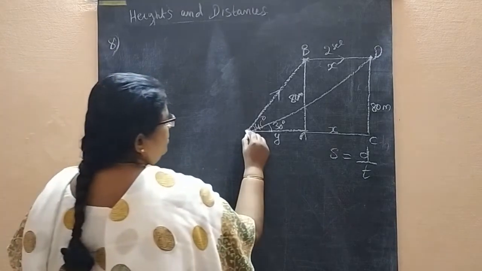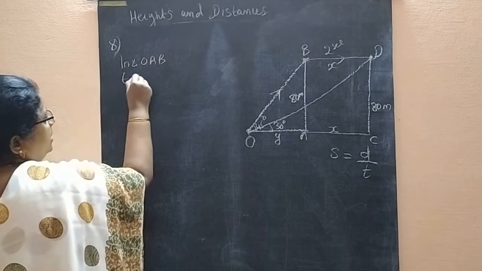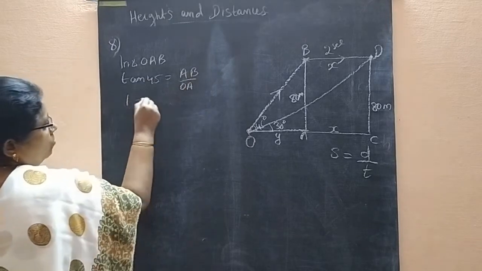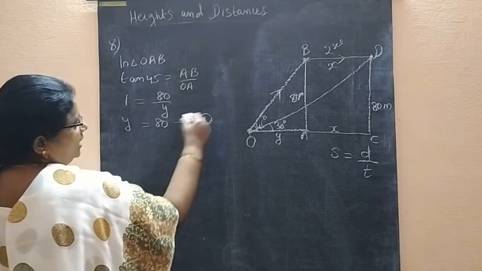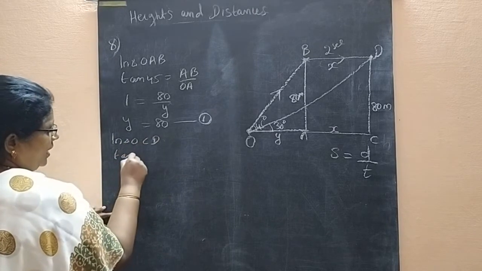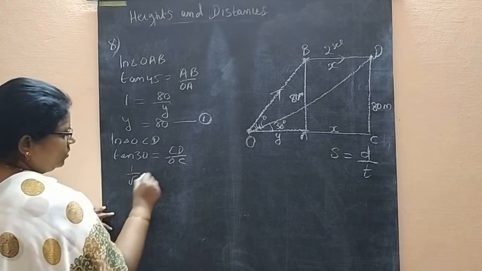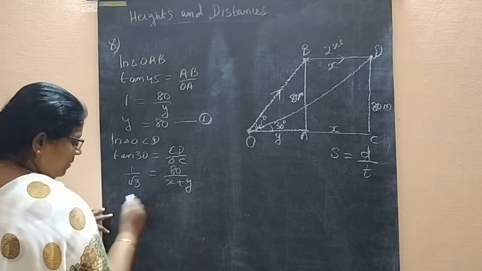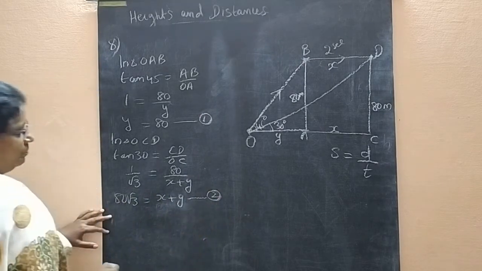Now, there are two triangles. One is OAB. So, in triangle OAB, tan 45 is equal to AB divided by OA. 1 is equal to 80 by y, cross multiply, y is equal to 80. Next, in triangle OCD, tan 30 is equal to CD divided by OC. 1 by root 3 is equal to 80 divided by x plus y. 80 root 3 is equal to x plus y, equation 2.